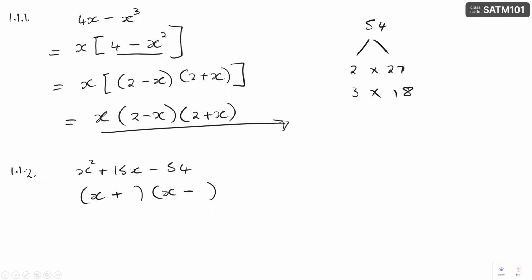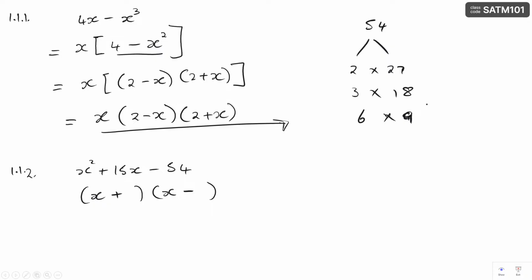54 divided by 5 is giving us a fraction, so we skip that one again. 54 divided by 6 is going to give us 6 times 9. Let's check. 54 divided by 7 is giving a fraction, so we skip. 54 divided by 8 is also giving us a fraction, so we skip. 54 divided by 9 is the same one as 6 times 9.